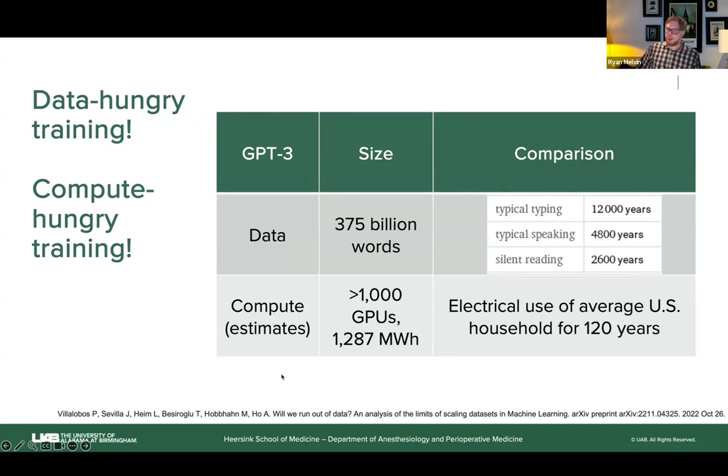It's not exactly known because OpenAI has been a little bit cagey, but it's estimated that about 1,000 GPUs and about 1,300 megawatt hours of electricity were used to train GPT-3. That's the electrical use of an average US household for 120 years.